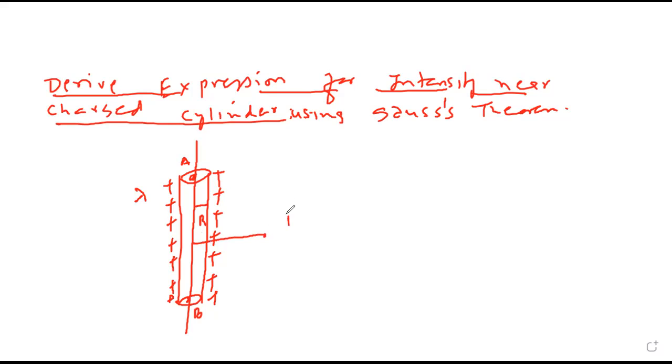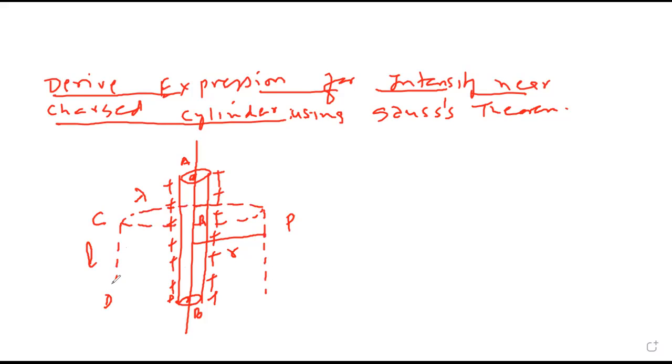Then P be a point at a distance r from the axis of the charged cylinder, near the charged cylinder. Draw a Gaussian cylinder CD having length L, coaxial with cylinder AB, of radius small r.